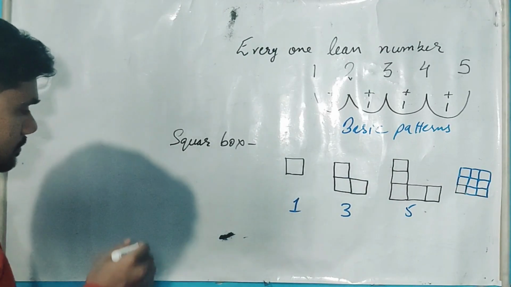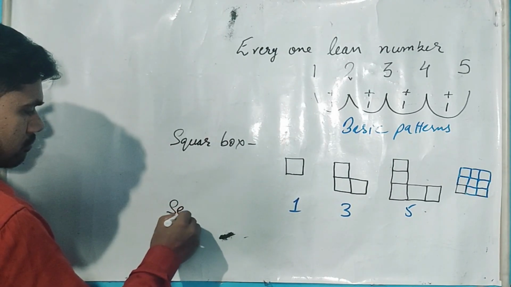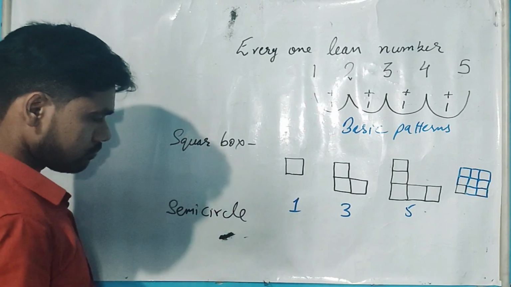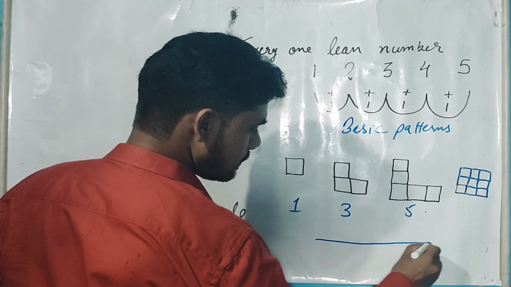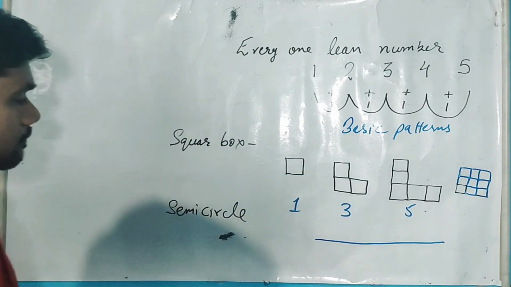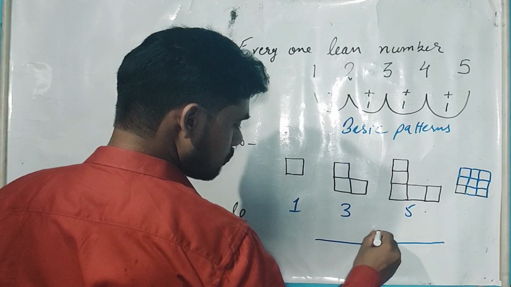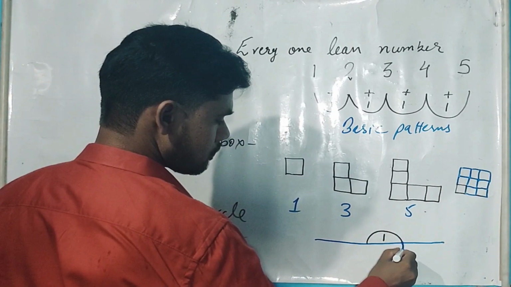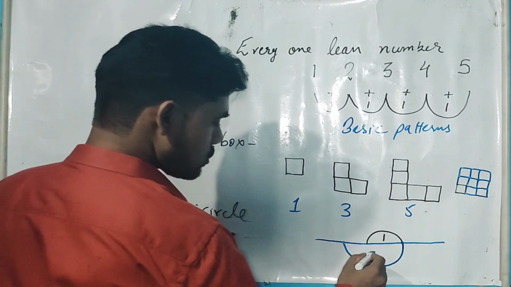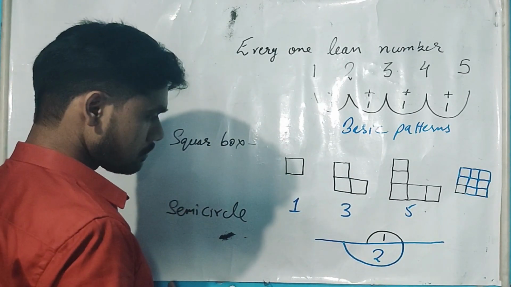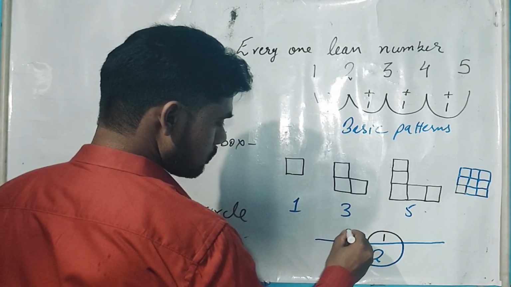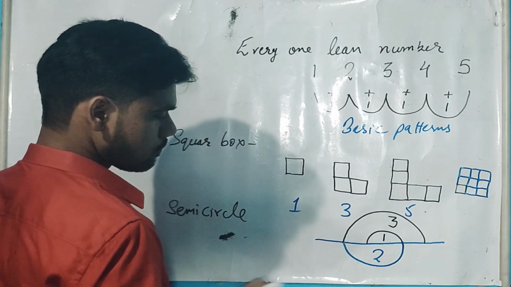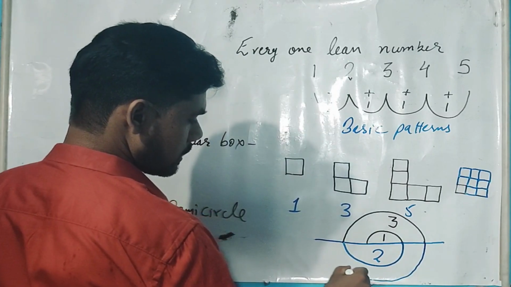The semicircle. I draw a single line. Now you see that here is 1, here is 2, here is 3, and here is 4.